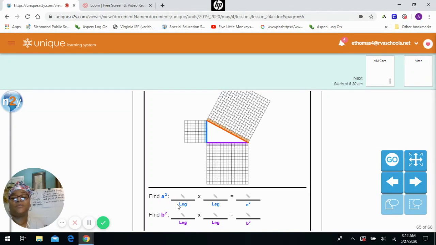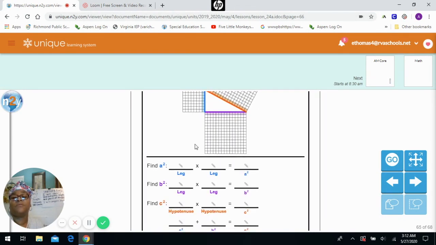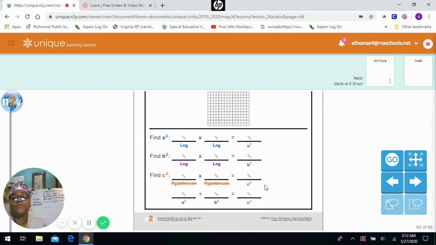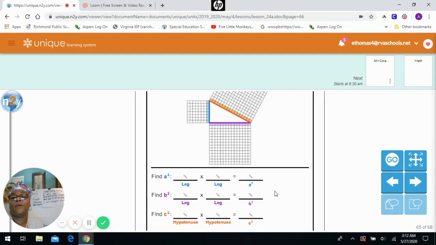You're going to multiply these two legs together, that's a leg and that's a leg, that makes the right angle. You multiply and get that squared. Then you find the A squared, then the B squared and the hypotenuse squared. Then you add that all together and that will give you your answer.